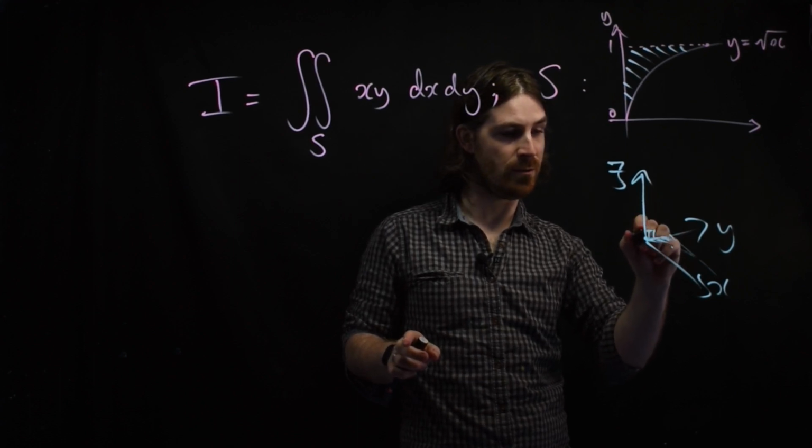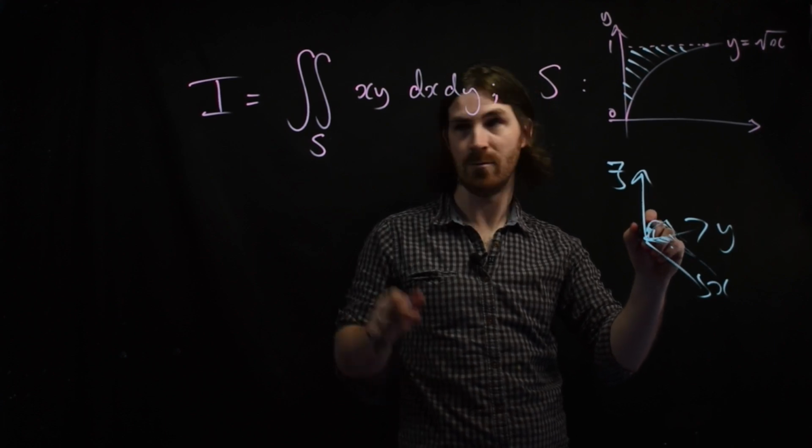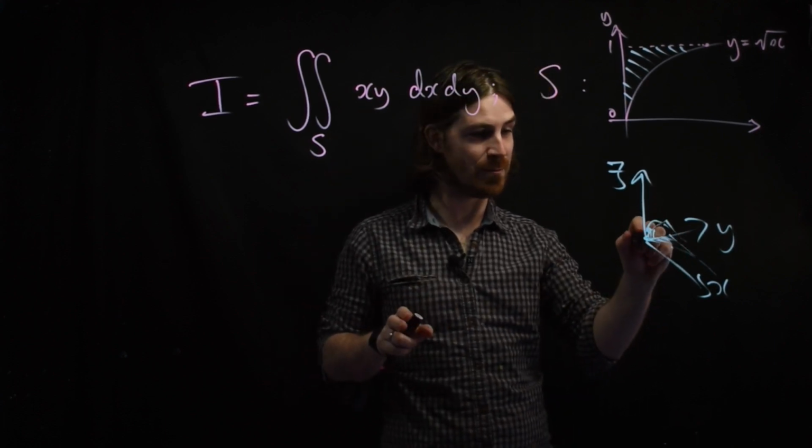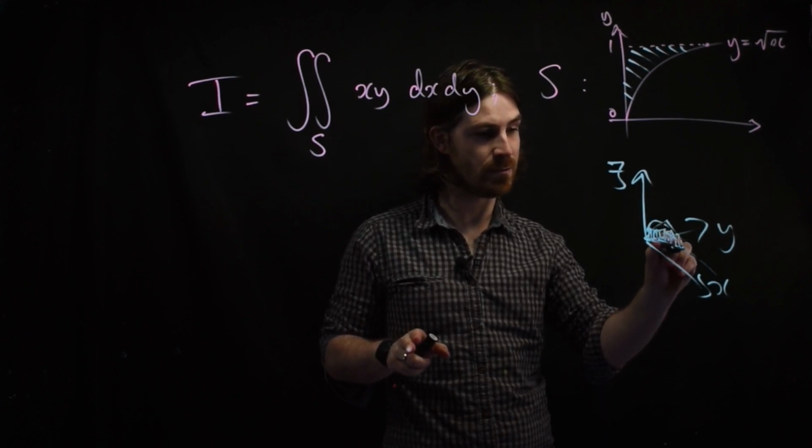So we're thinking about the volume under this surface defined here, whatever the function of x times y is. We're going to have little columns with volume that we're going to add up in this region.